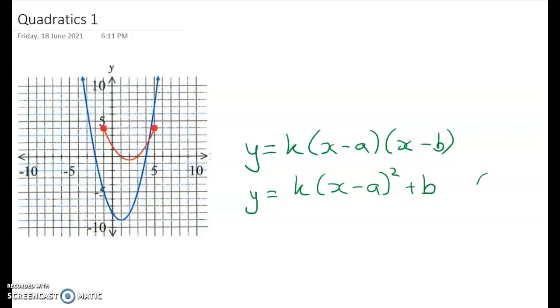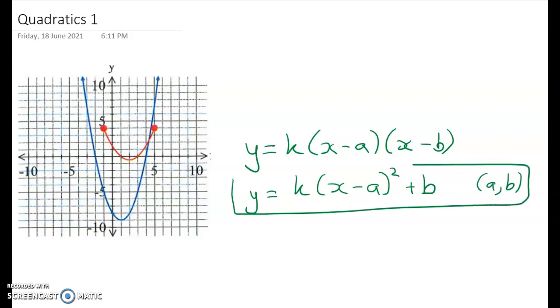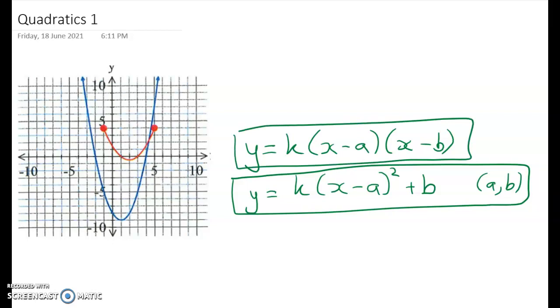If the vertex is at (a, b), and we can see that, then this is the form that I will usually use. If the x-intercepts are a and b, then this is the form that I'll usually use. In both cases, this scale factor is telling me how squeezed in or stretched out my parabola is going to be. We find k by using a third point.